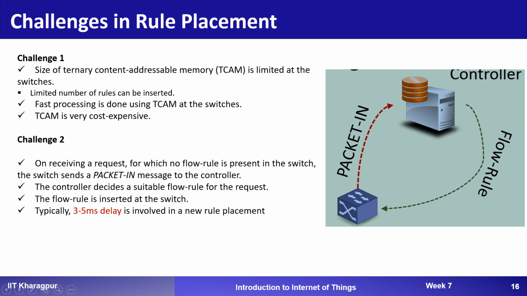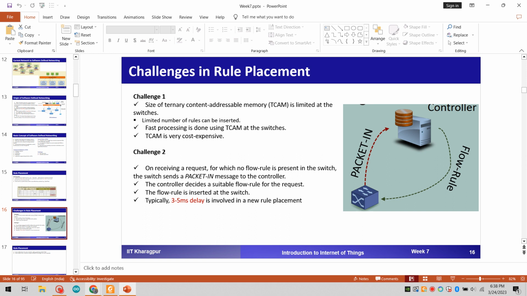Okay, so on receiving a request for which no flow rule is present in the switch, the switch sends a packet-in message to the controller. The controller decides a suitable flow rule for the request. The flow rule is inserted at the switch, and typically a 3 to 5 millisecond delay is involved in order to place a new rule.